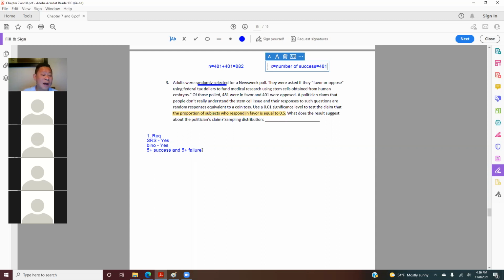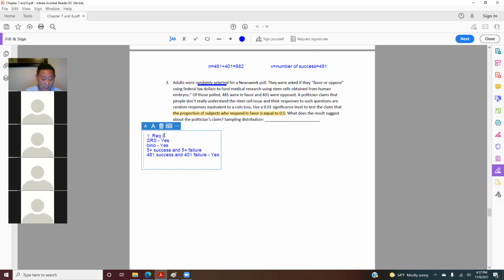So to answer the last requirement, we found that there are 481 successes, meaning they are in favor, and 401 failures, meaning they are opposed. Since 481 is 5 or more, and 401 is 5 or more, we did fulfill the last requirement. So there are 3 requirements you have to fulfill here.